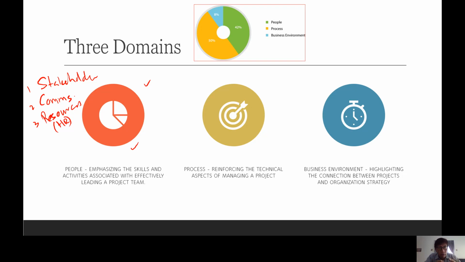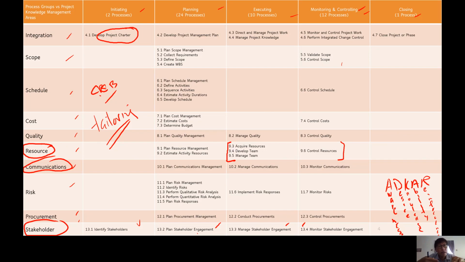We talk about the medium of communication, and the frequency of communication, how often we need to update these people and also getting their responses accordingly. As for what information we are going to release, the depth and the breadth of information to release to stakeholders, that's where in the people domain we leverage on communications.